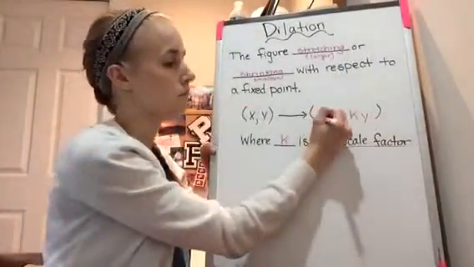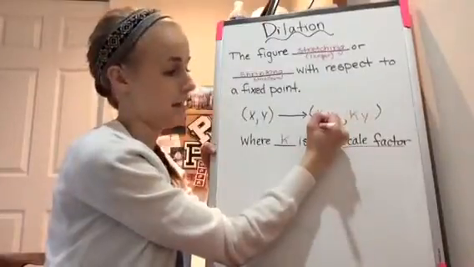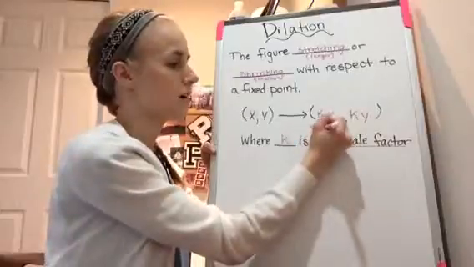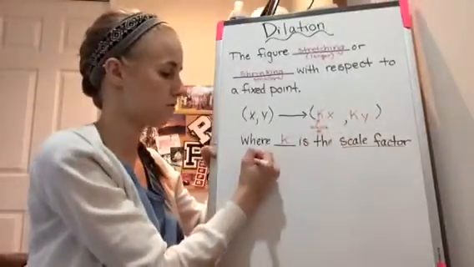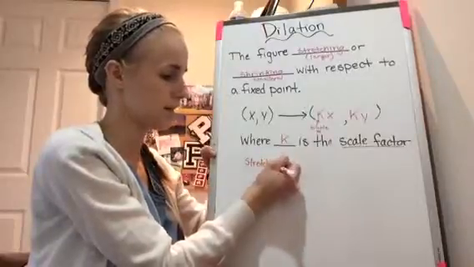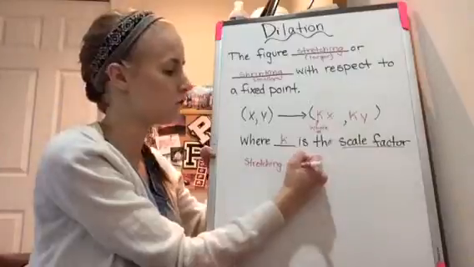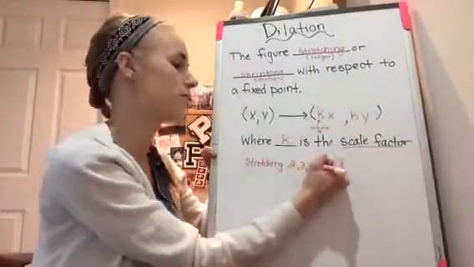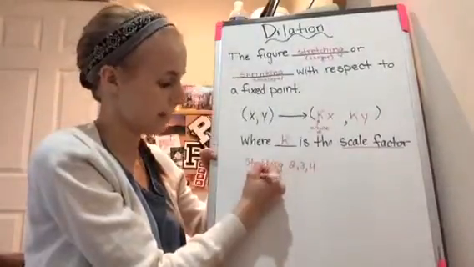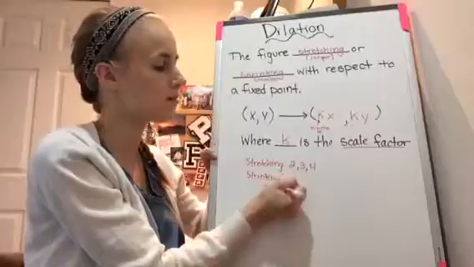Now, when we're talking about stretching, our k is going to be a whole number, okay? For example, stretching is going to be like a scale factor of 2, scale factor of 3, scale factor of 4, etc. When we're shrinking an object, our scale factor is going to be a little different.